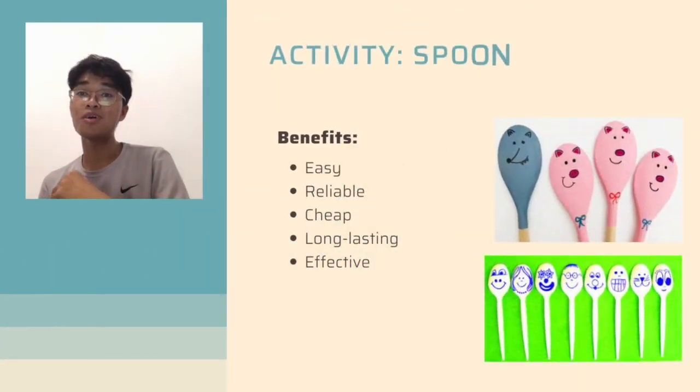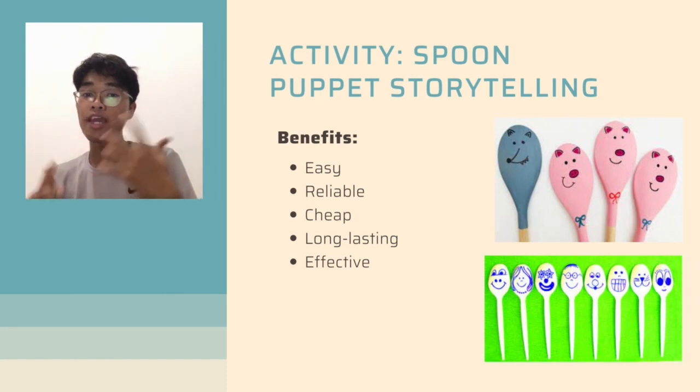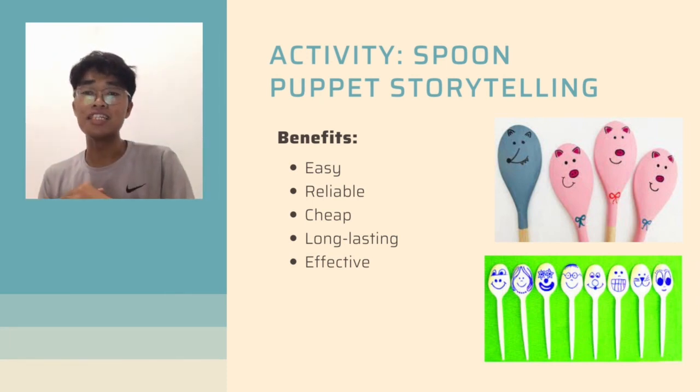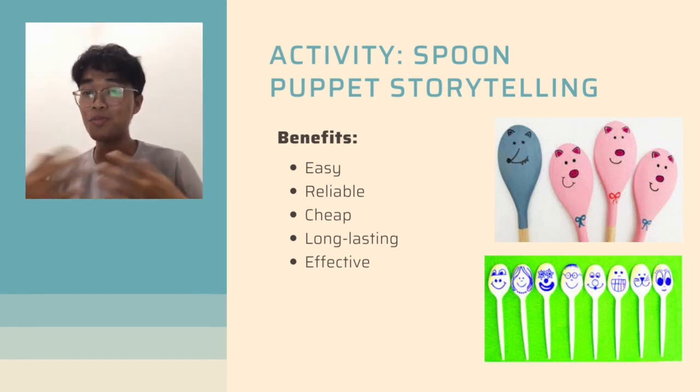Okay, now as to how I'm going to do my storytelling activity, I'm going to do a spoon puppet activity, which I find very easy, reliable, cheap, long-lasting, and effective. It's very easy since it doesn't require any complicated tools.